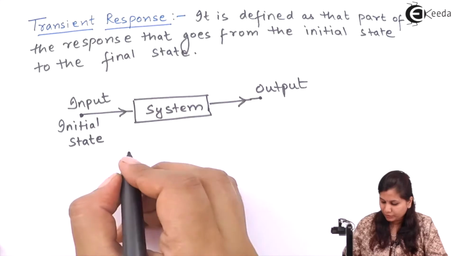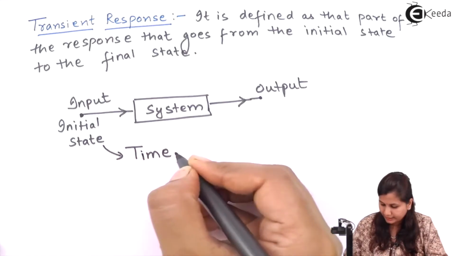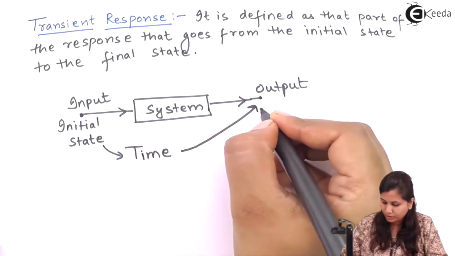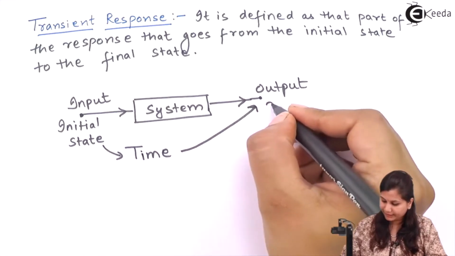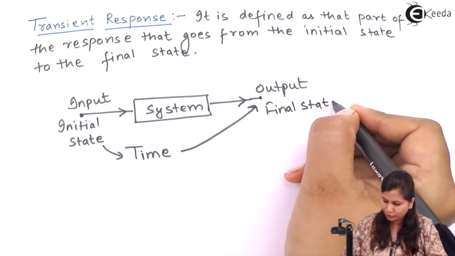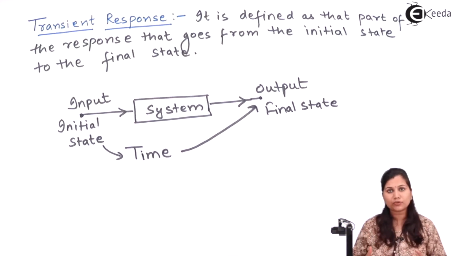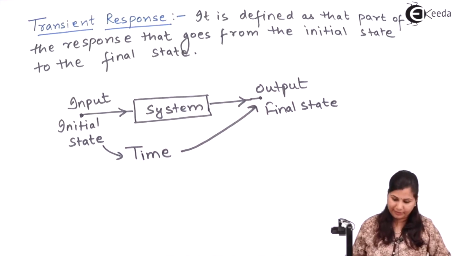Time has started from the initial state and it will go up to when the system has attained its final state. So it is that response of the system which goes from the initial state to the final state.